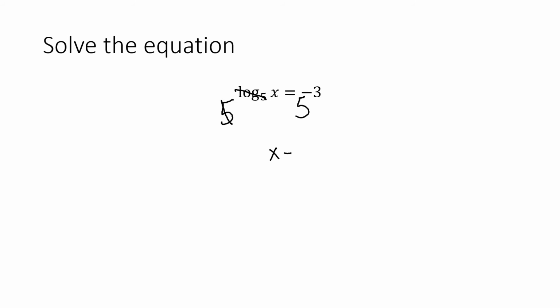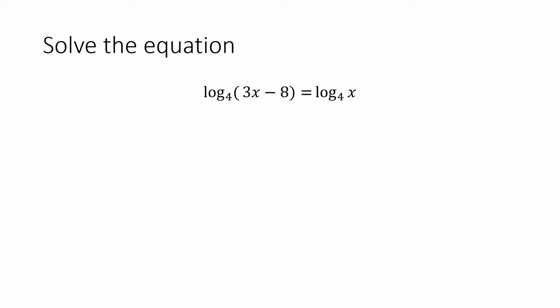So now we have x is the same as 5 to the negative third power. But if we remember how our exponents work, 5 to the third power is 125. So 5 to the negative third power just means put that under 1, so it'll be 1 over 125.